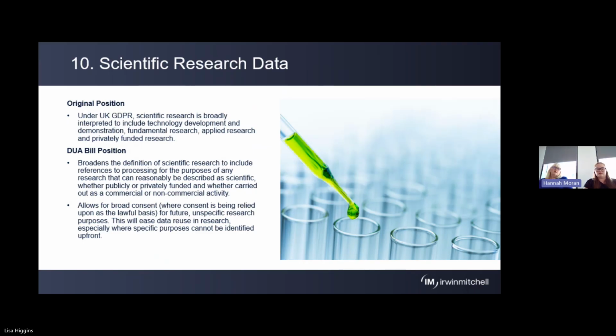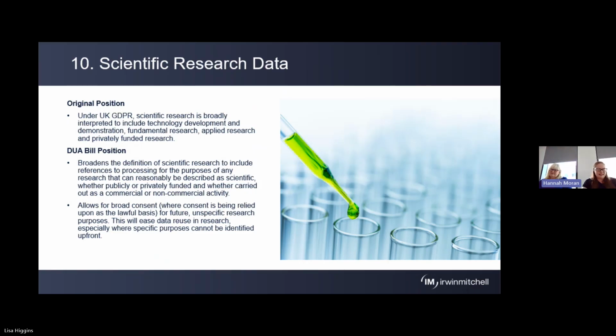So the other thing that has been included here for anyone involved in research is there can be a broad general consent to the use of personal data for research, including research or outcomes that are currently unknown. So that does make life a little bit easier if you're in the research area. As I say, not planning on spending a lot of time on it. I'm going to hand quickly back to Hannah, who's going to have a look at fines.